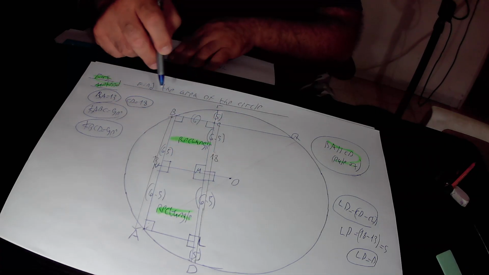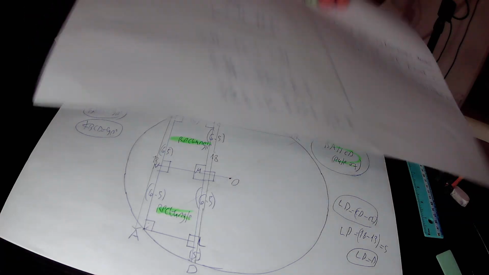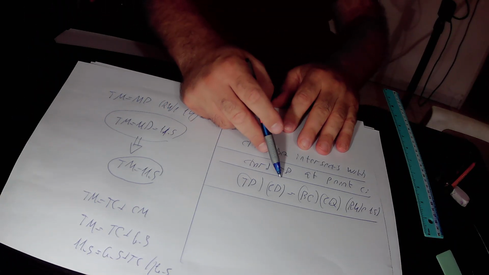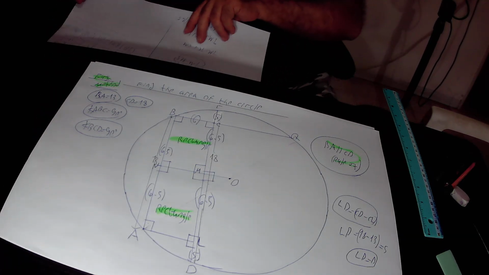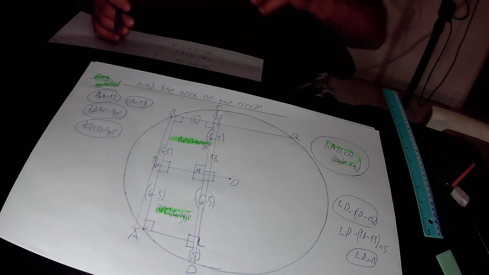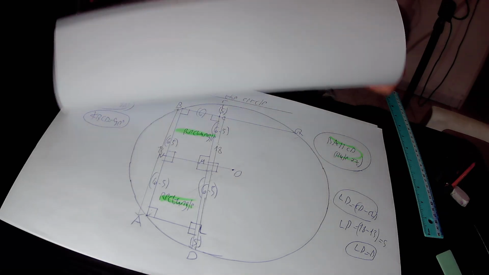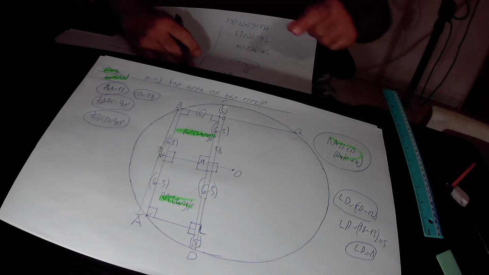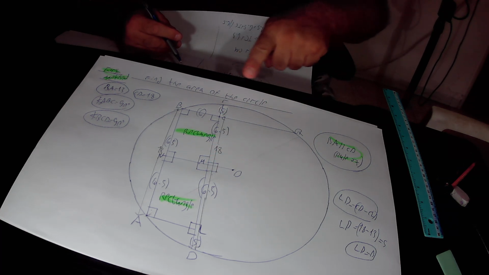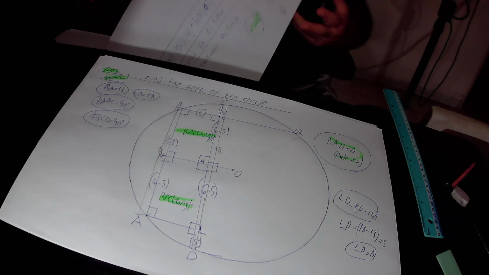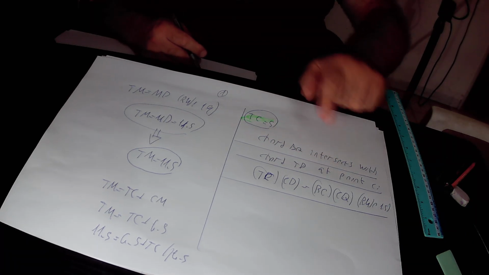Chord TD intersects with chord BQ at point C. Actually, it is TC times CD. TC times CD equals BC times CQ. Again, according to rule 15, the following equation is true: TC times CD equals BC times CQ.